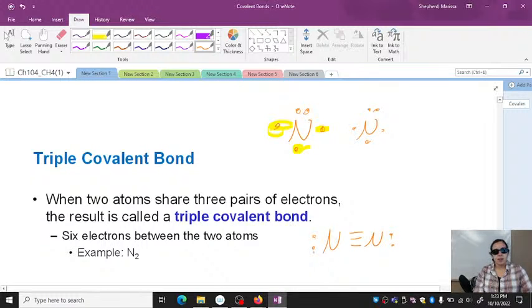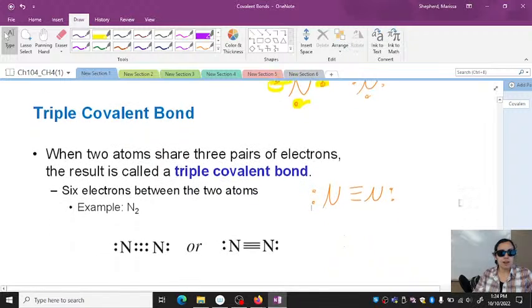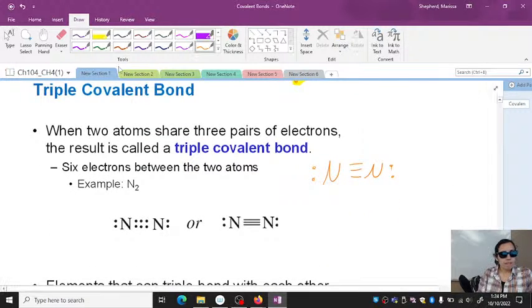And so again, count your electrons. 1, 2, 3, 4, 5, 6, 7, 8, 9, 10. So you brought 10 electrons to the party, and you should have 10 in your final structure. 1, 2, 3, 4, 5, 6, 7, 8, 9, 10. So that all works out. And then we, of course, have our octet.